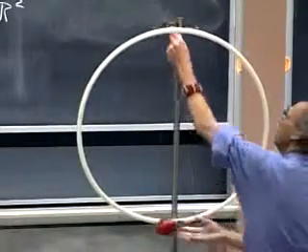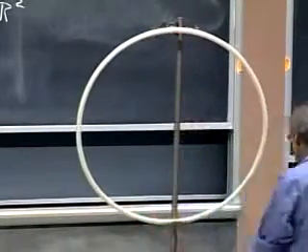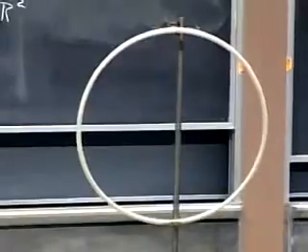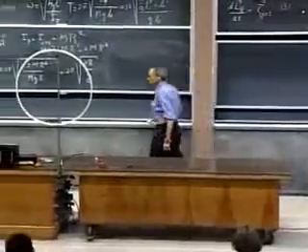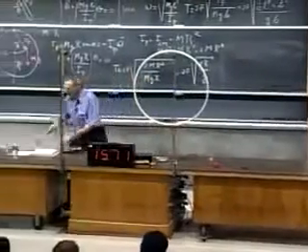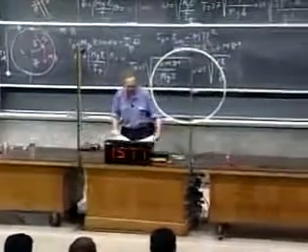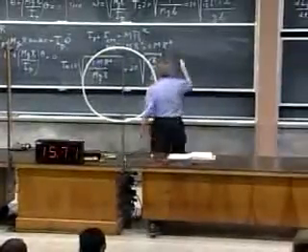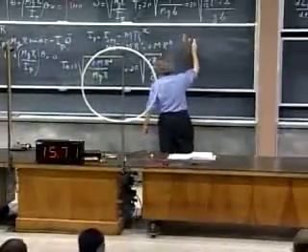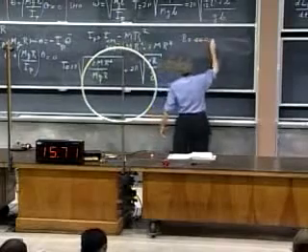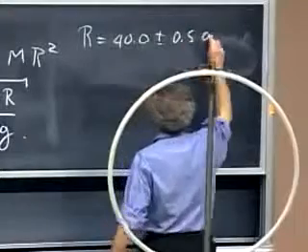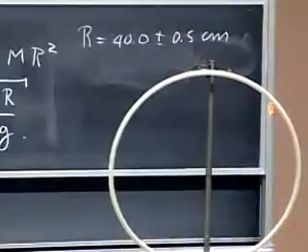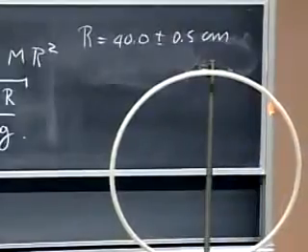I want to do a quantitative measurement, because I know the radius of this hula hoop. The radius, I think, is 40 centimeters, and we know that to an accuracy of about half a centimeter. So R is 40.0 plus or minus 0.5 centimeters. You will say, boy, can you not measure that any better? I mean, half a centimeter, it's almost yay big.